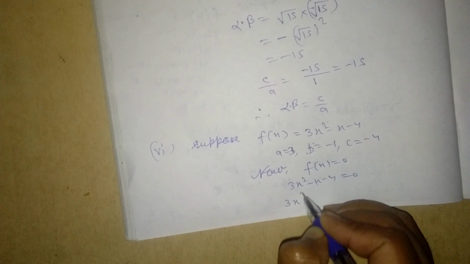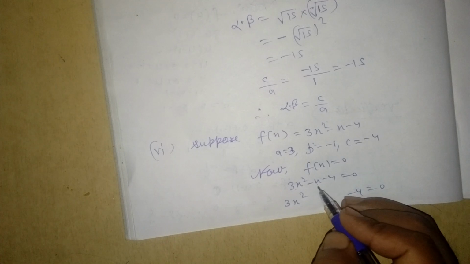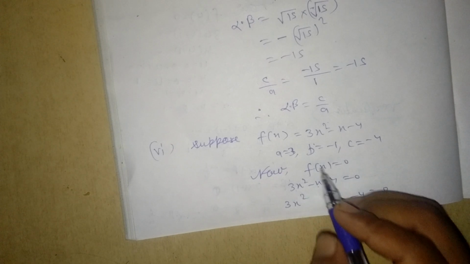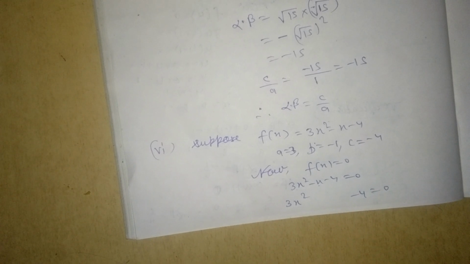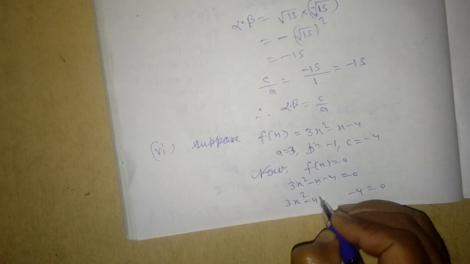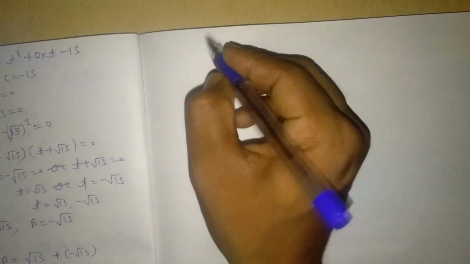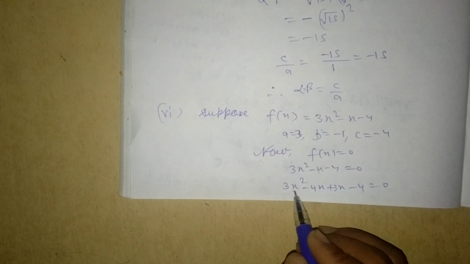Okay, so now let us solve this question. First you write 3x square minus 4x, and again you can write here plus 3x, minus x. Your answer will be minus x when you add, and also minus 12x square when you multiply. Okay, so now look here, you can see x is common in these two terms.